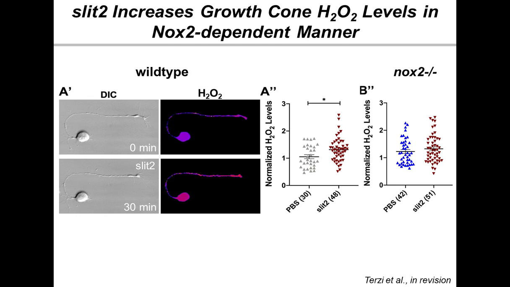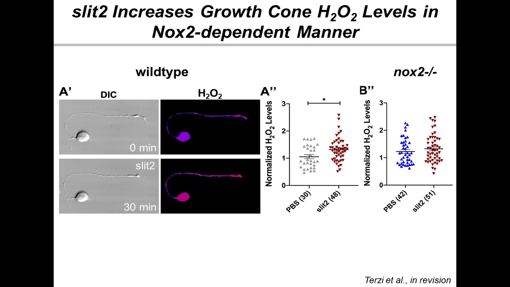Then we also looked at cultured retinal ganglion cells using the same biosensor. On the left side, you see the images at time point 0 and after treatment with the guidance cue SLIT2 for 30 minutes, which actually causes a stalling of the growth cone.